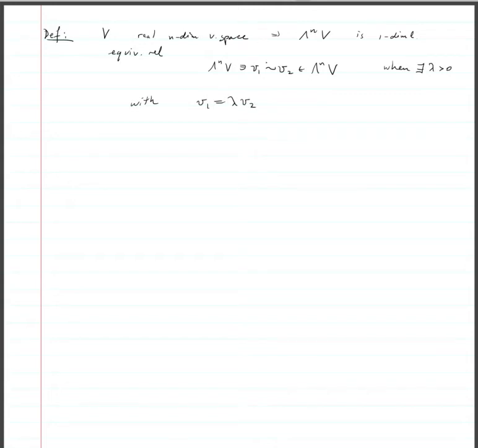Actually, there's an equivalence relation on non-zero elements of the top power of V.